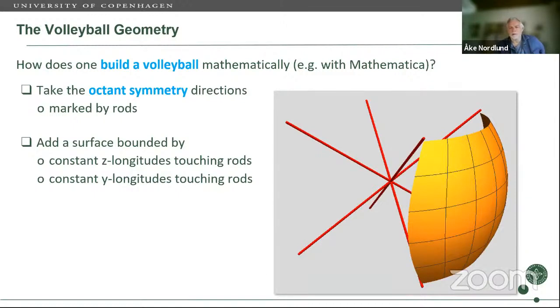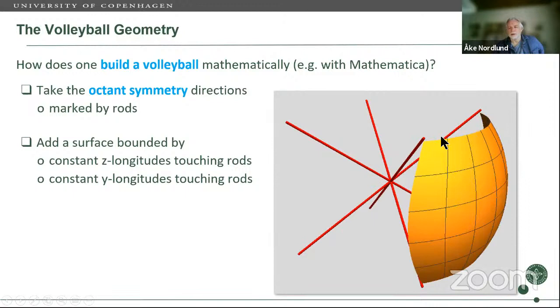If you remember how a volleyball is built, it has 6 faces, all identical. And you can construct them with Mathematica, for example, by taking the octant symmetry directions marked by rods here, and you add a surface. It's bounded by constant z longitude, touching those rods here.